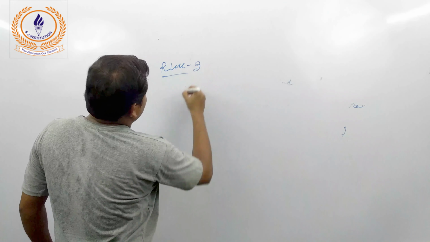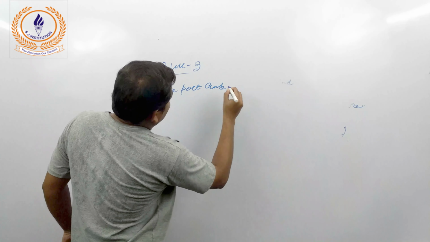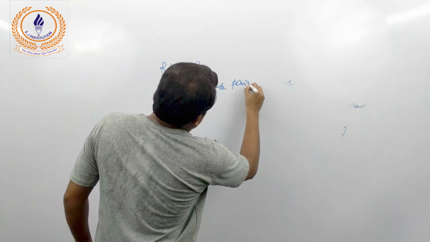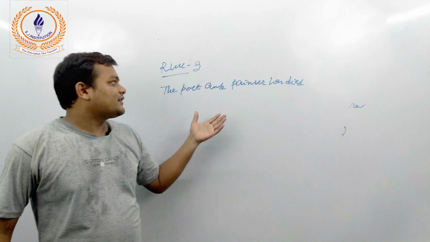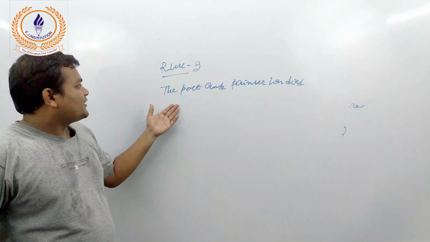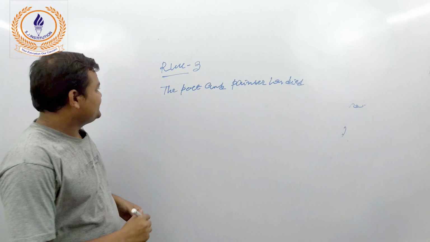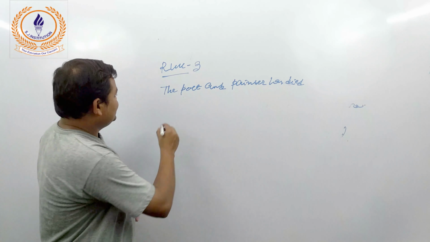For example, the poet and painter has died. Here, the poet and painter refers to the same person, but here is a trick. Look at the sentence. The poet and the painter have died.